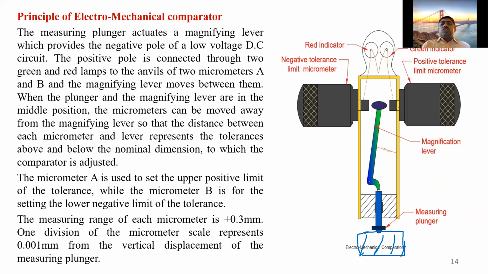The positive pole is connected through the green and red lamps to the anvils of two micrometers A and B. And the magnifying lever moves between the positive poles.